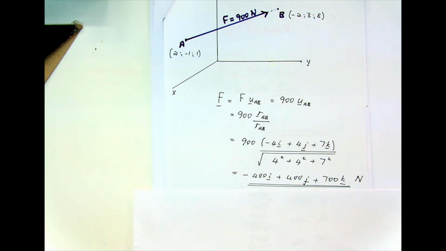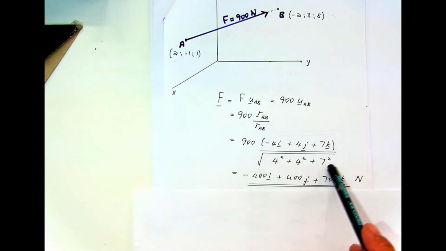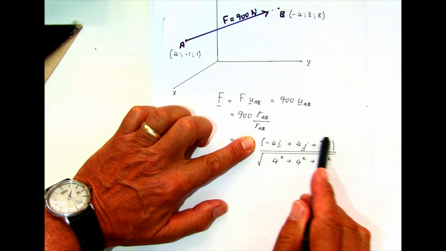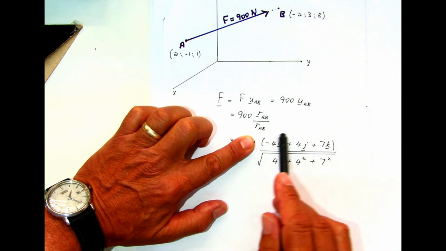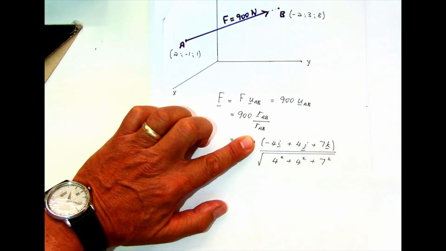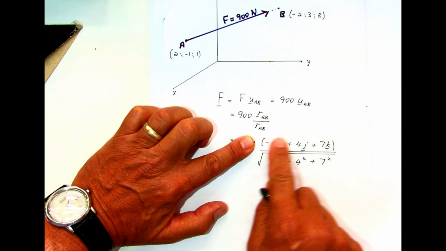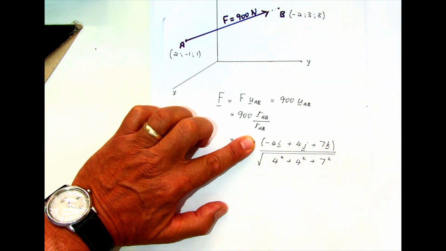Okay, another question. If I take that part there without the 900, and I work out the magnitude of that vector, what's the magnitude of that vector? 1, because it's a unit vector.